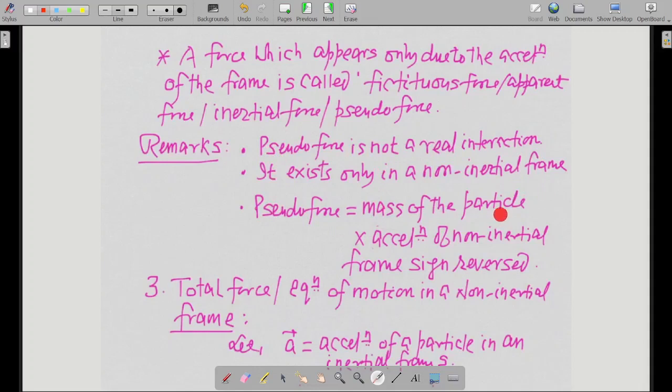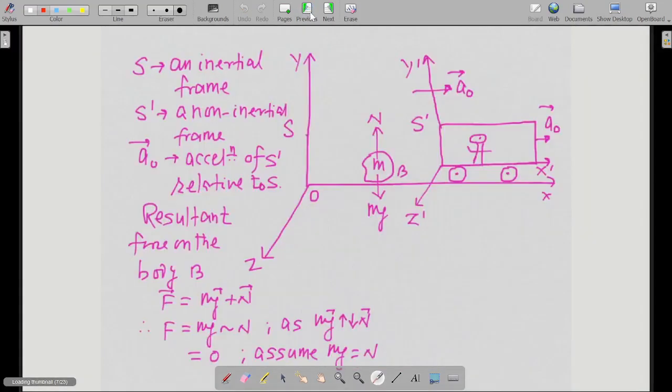Pseudo force is equal to the mass of the particle multiplied by the acceleration of the non-inertial frame, sign reversed. You can see over here that the S prime frame is moving in the rightward direction with acceleration a naught. So the pseudo force which will act on this particular body will be in the leftward direction, that is, the sign reversed.